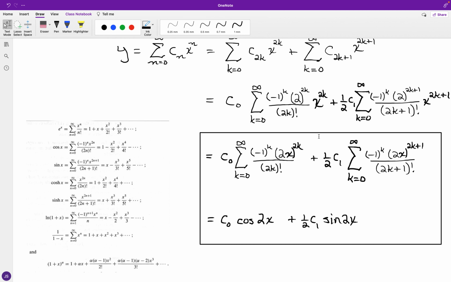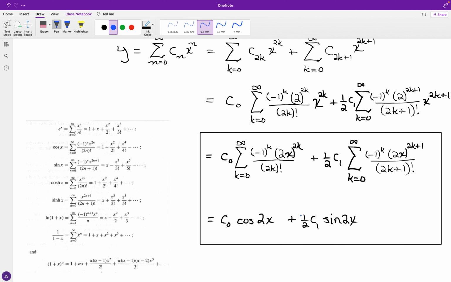So x to the 2n plus 1 is represented by the quantity of 2x raised to the 2k plus 1, and we have all over 2k plus 1 factorial, again running parallel to the factorial of the quantity 2n plus 1. And that is going to be in reference to the sine function, where we have the sine of 2x. And that particular coefficient, 1/2 of c sub 1, you can substitute out with a different coefficient.